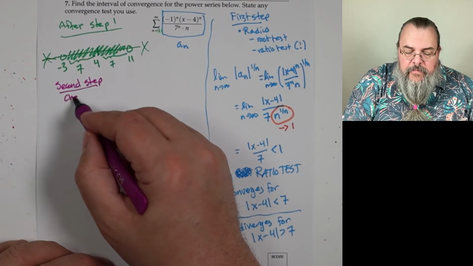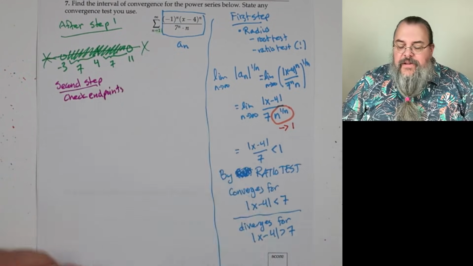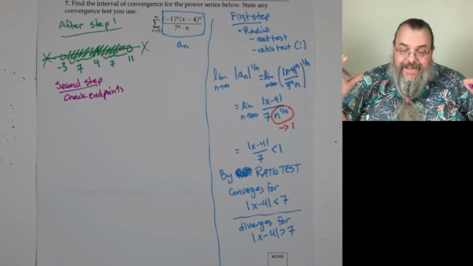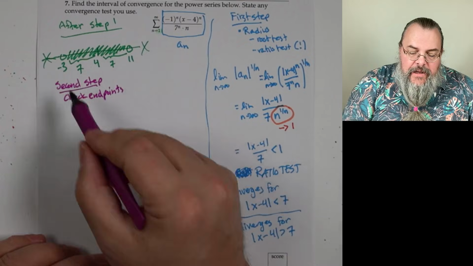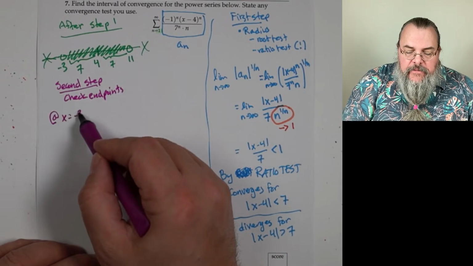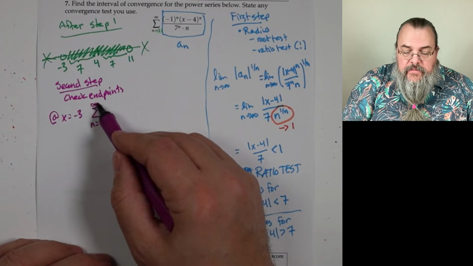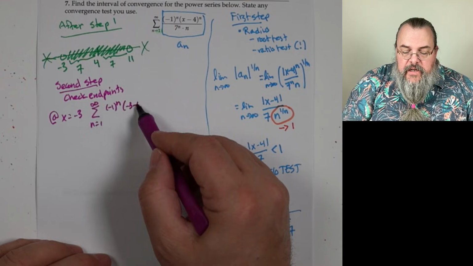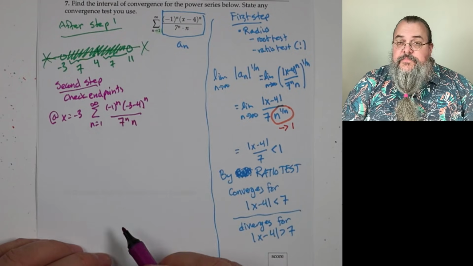Check the endpoints. And in some sense, you cannot use the root test or the ratio test at the endpoints. Both of them will fail at the endpoints by design. So what happens at x equals negative 3? We get the sum, n equals 1 to infinity, negative 1 to the n, negative 3 minus 4 to the n, over 7 to the n times n.